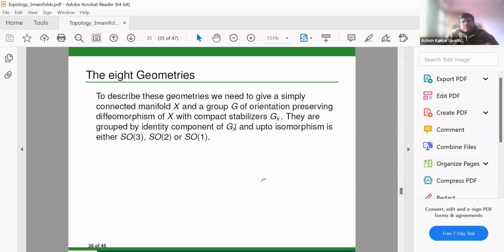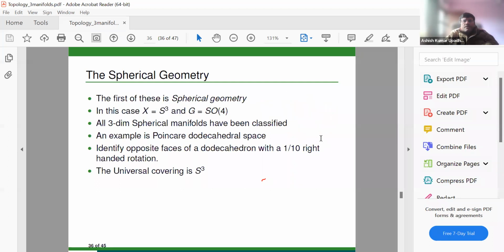As a topological space, we are talking about that component of the group Gx which contains the identity. That is the identity component of Gx. And up to isomorphism, this Gx is one of these: the special orthogonal group of degree 3, the special orthogonal group of degree 2, or the trivial group SO1. Okay.